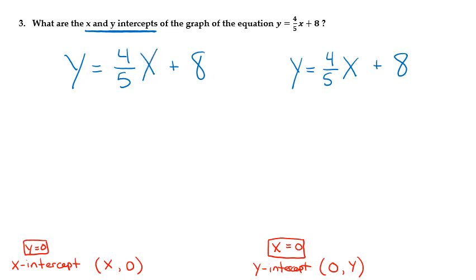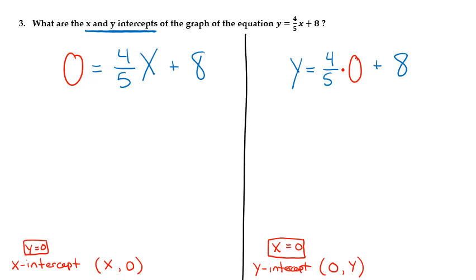That x should stay there, but we're taking away the y and putting in the number 0. For the y-intercept, we're doing the same thing, but for the x. All right, so it's like two separate problems. For the x-intercept, you plug in 0 for y, and then solve for x.